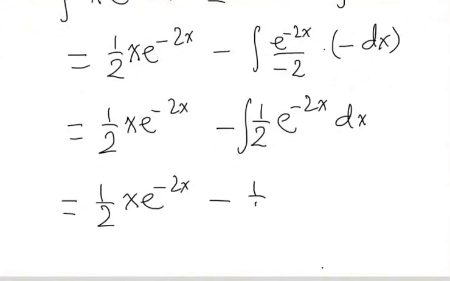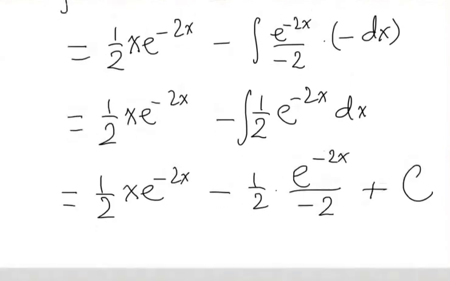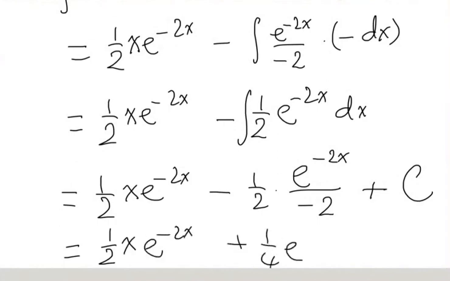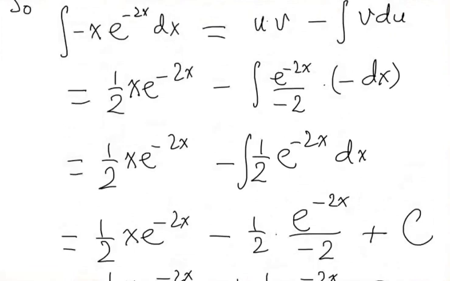So minus a half is already here, and then the antiderivative of e to the minus 2x is e to the minus 2x divided by minus 2. And this time we need to add constant c. Simplify, we have a half x e to the minus 2x, and then plus a quarter e to the minus 2x plus c. That is the integral.